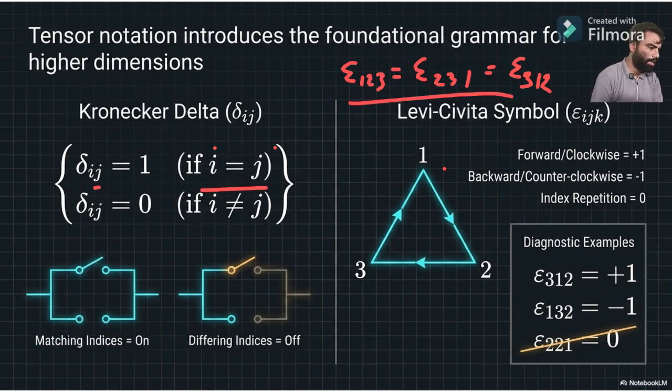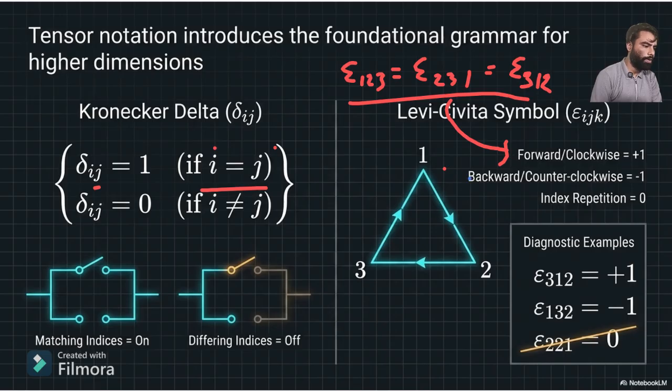When epsilon is a forward cyclic, it always gives you plus 1, and if it is backward cyclic, it always gives you minus 1. What could be backward cyclic? Epsilon 3 2 1 is a backward cyclic.